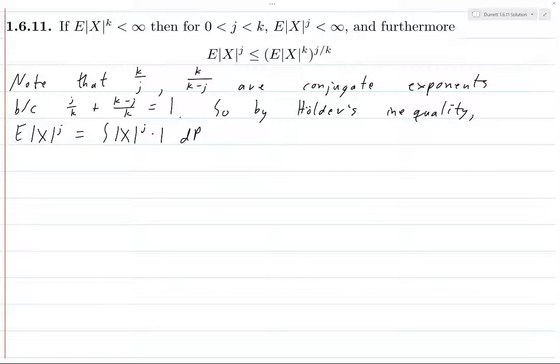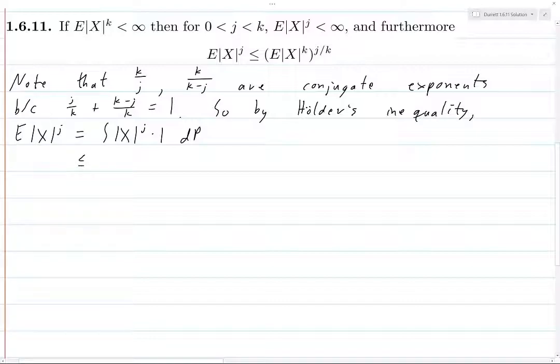Okay, so we have the integral of the product of two functions. And I guess technically you need absolute values, but it doesn't really matter because these are positive functions. And so now we apply Holder's inequality, and we'll use the k over j on the first thing and the k minus j over k on the second.